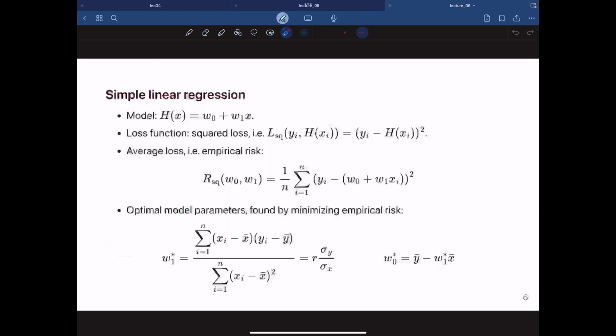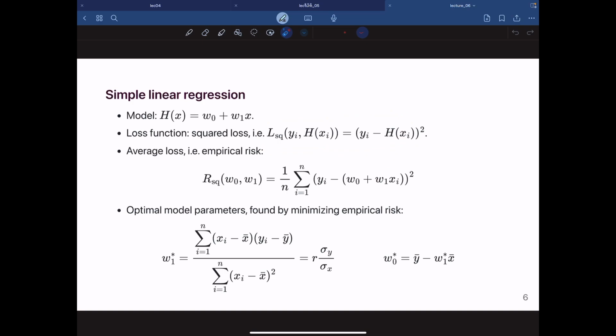So we have a loss function, in this case squared loss, and we use that loss function to determine the average loss and minimize it when we have our simple linear regression model. Again, this is our regression model, and this is the loss function, where we plugged the regression model in right there.